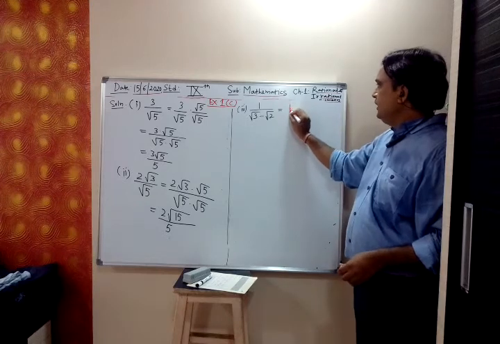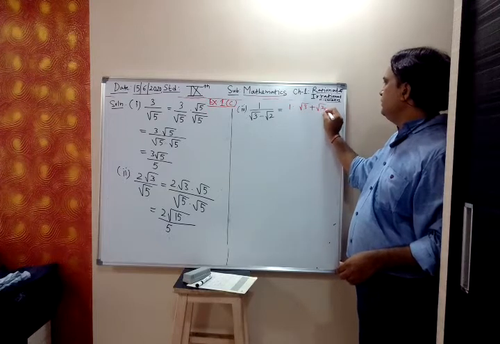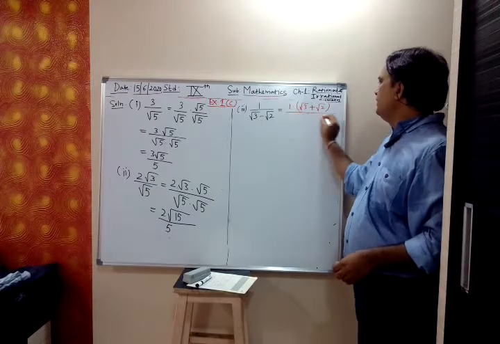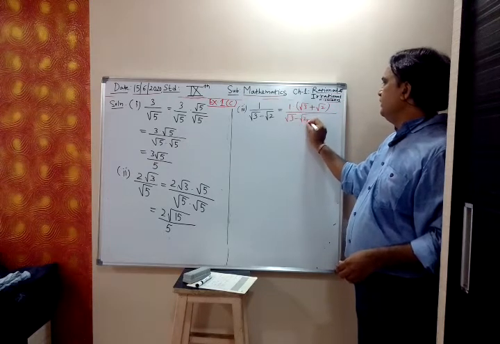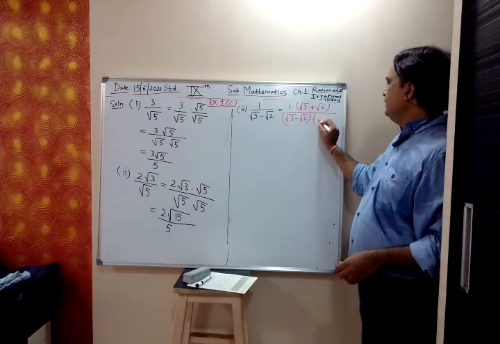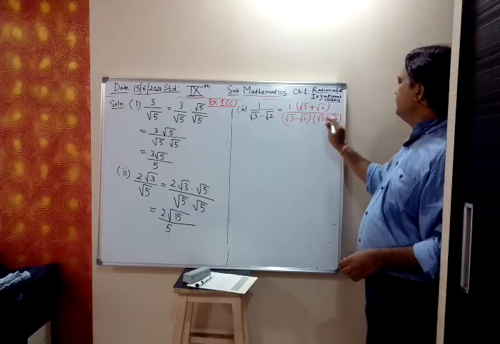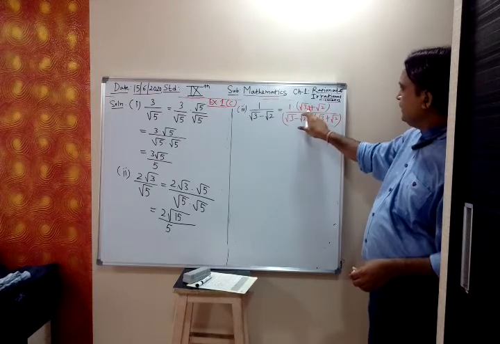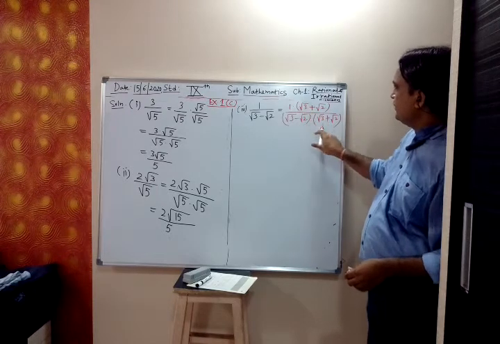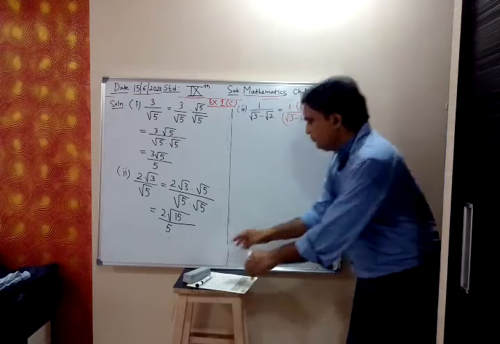So that becomes 1 into root 3 plus root 2 in the numerator, and in the denominator root 3 minus root 2 is given, which I will multiply by root 3 plus root 2. So the rationalizing factor, root 3 plus root 2, you have to multiply numerator and denominator both. So 1 into root 3 plus root 2.